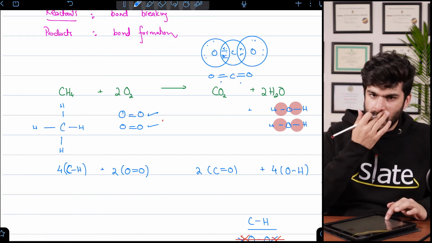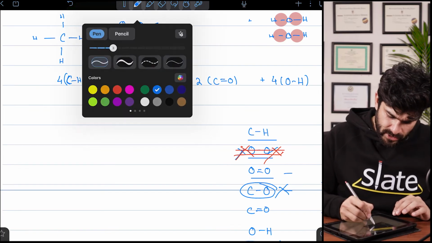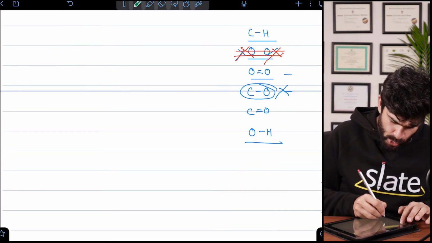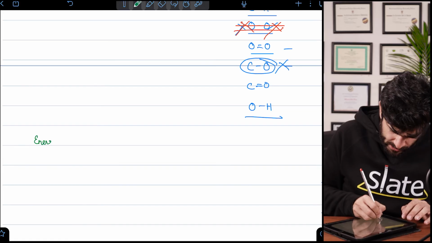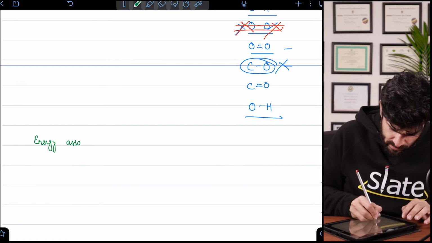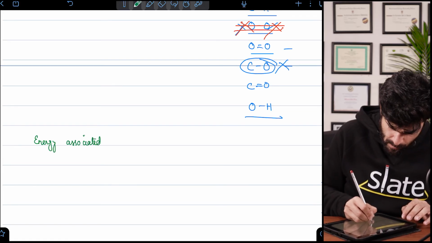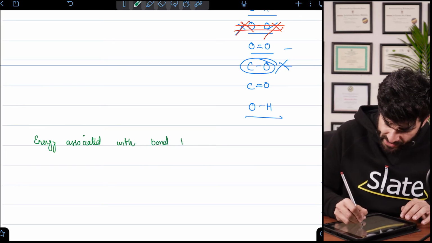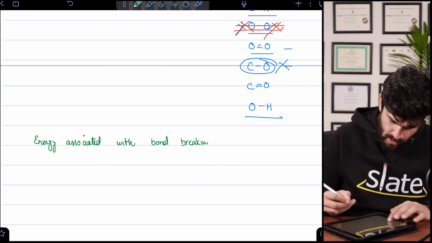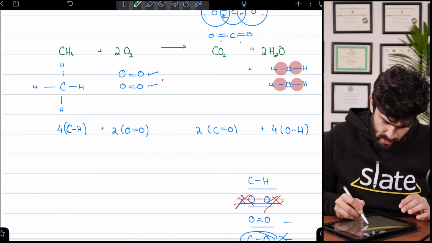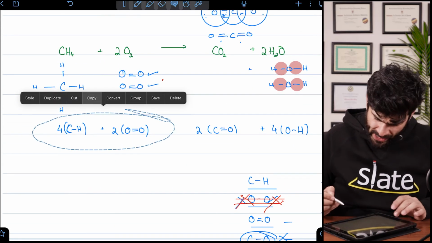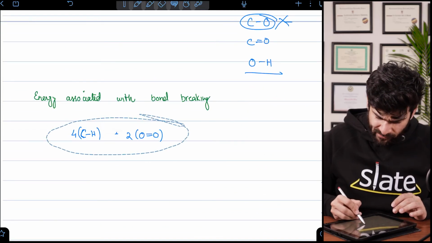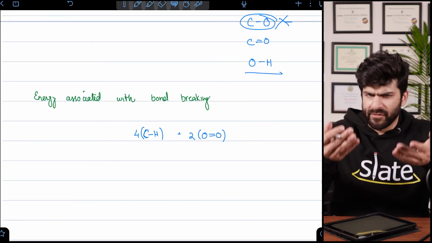Now this is what you need to do. It's a 3 to 4 mark question. First, you calculate the energy associated with bond breaking. You just write these here, you put the values given and you get the answer, whatever the answer is.